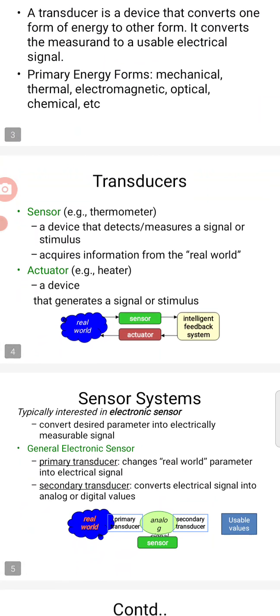Sensor systems may have a primary transducer and a secondary transducer. The primary transducer converts the real world parameter into an electrical signal, and the secondary transducer converts this electrical signal to analog or digital form.